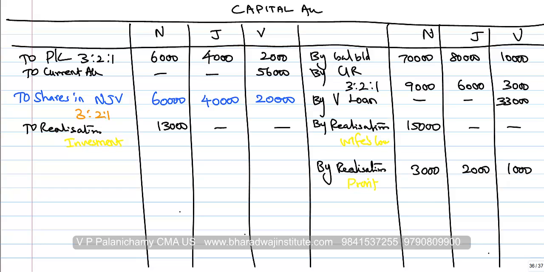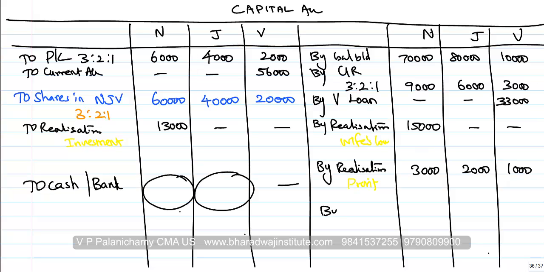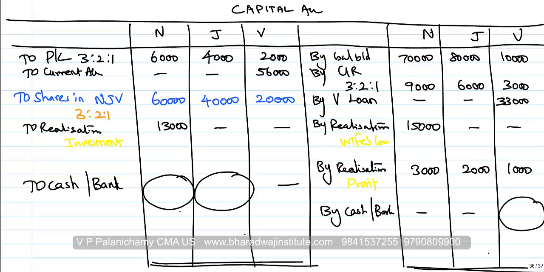If there is a shortage, the partner should contribute. Only in case of insolvency should the loss be shared, otherwise it is cash by cash.